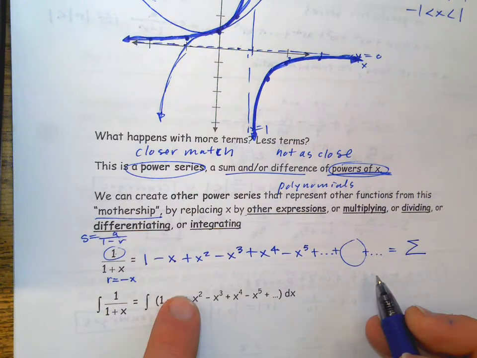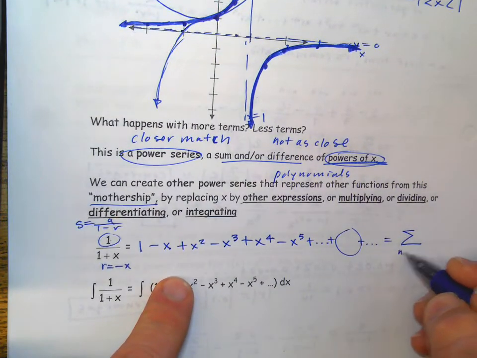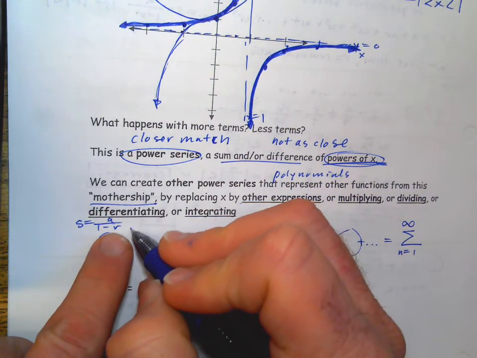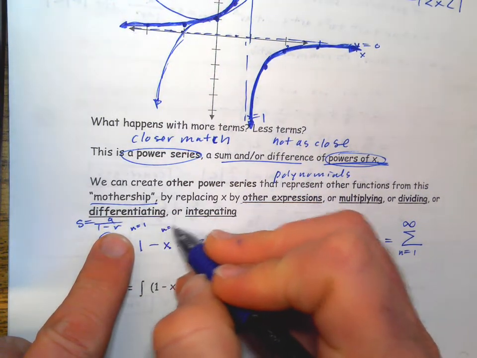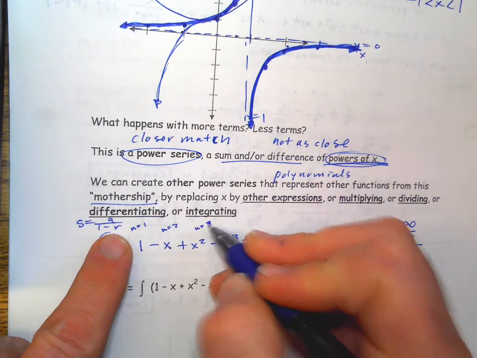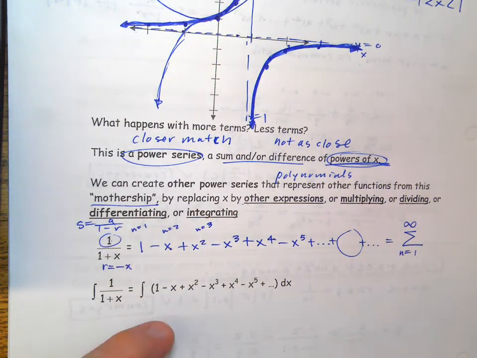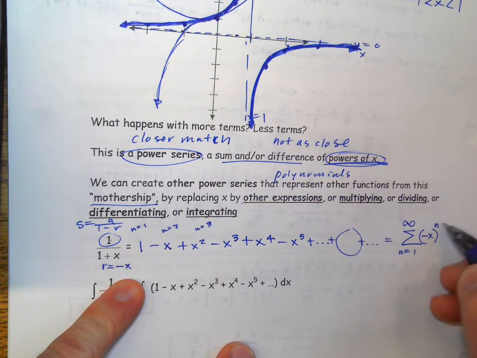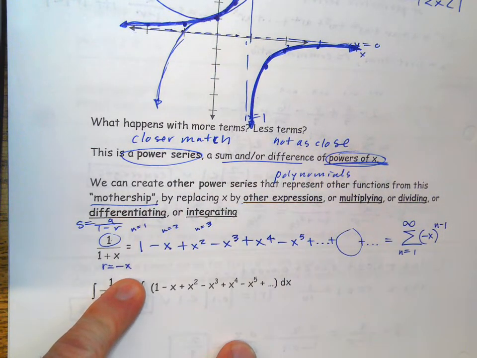Now the general term here depends on where you start. If we start at n equals 1, it might help to write n equals 1, n equals 2, n equals 3. It's going to be negative x to the n minus 1.